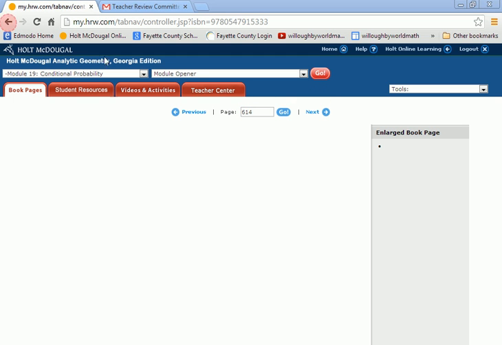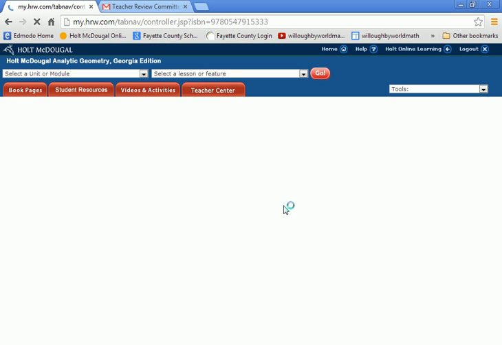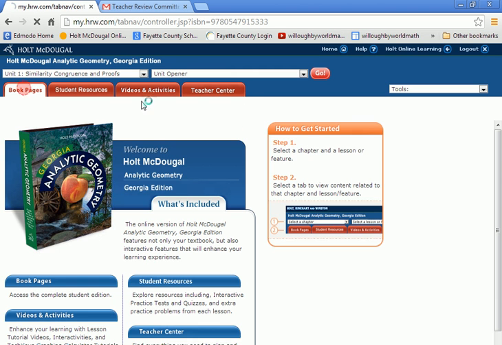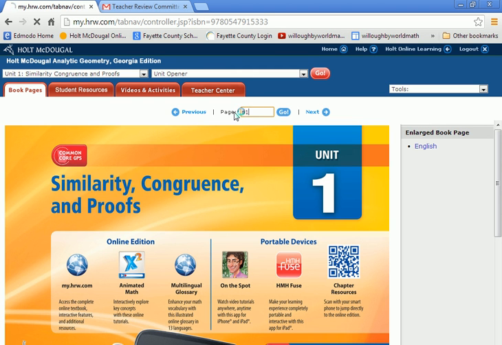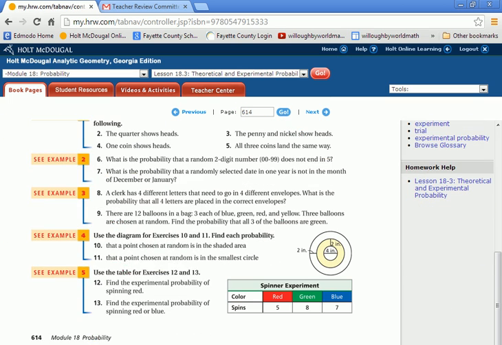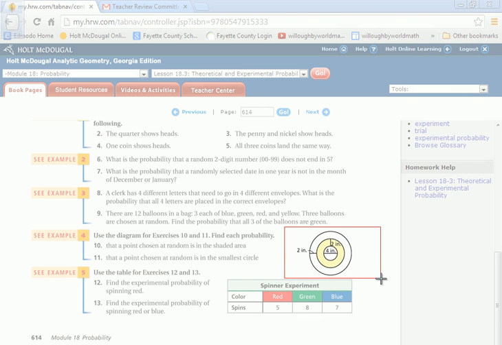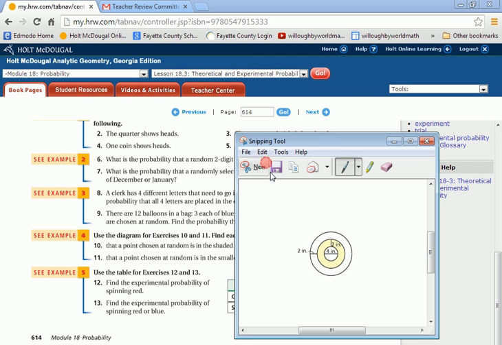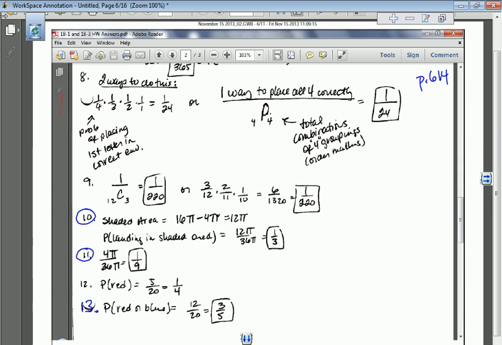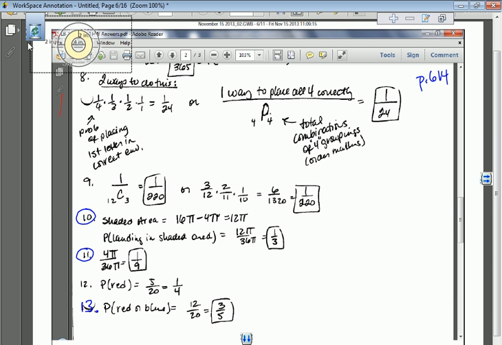No, that page does exist. Okay, so now we have our picture to look at that goes with 10 and 11.